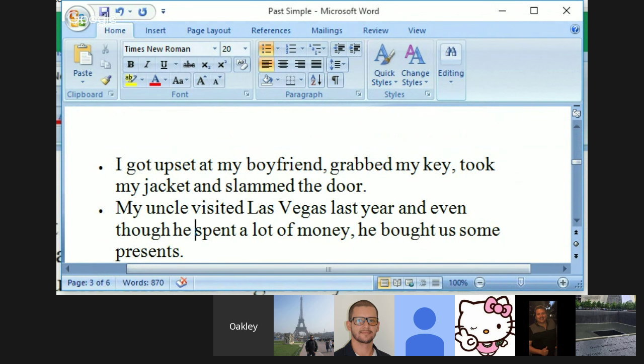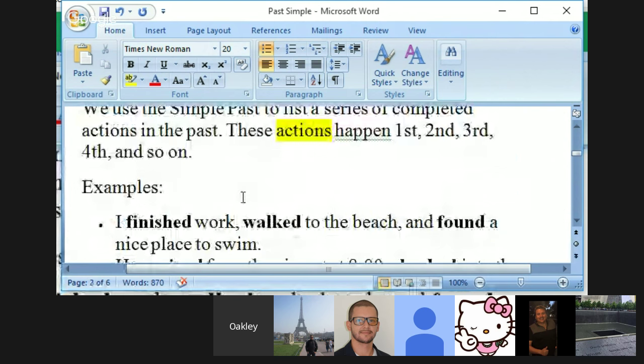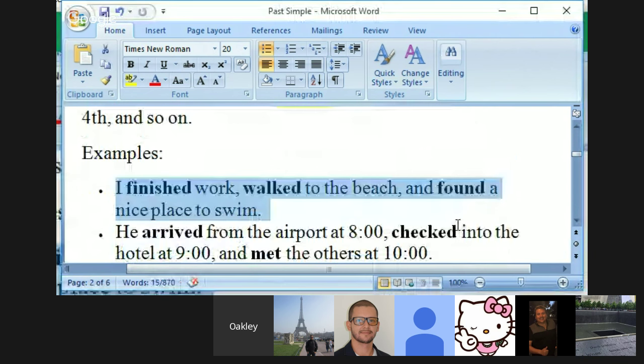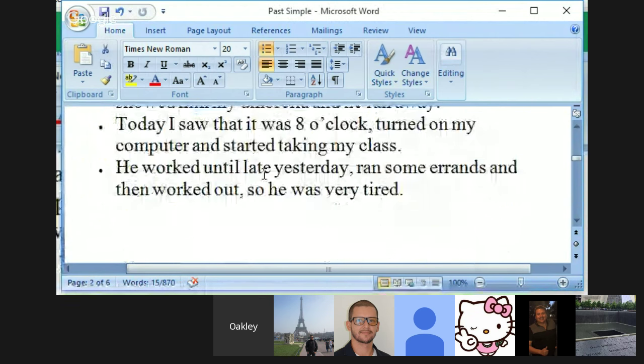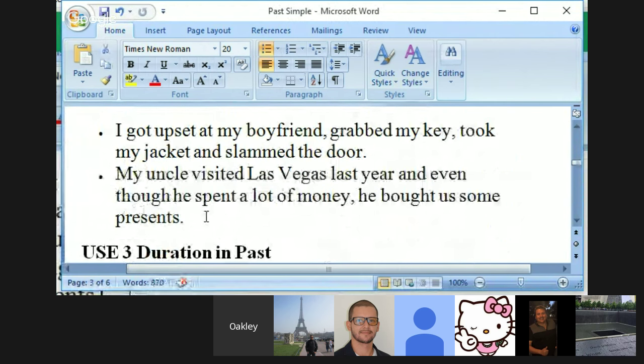Your sentence is not incorrect, but it does not illustrate the idea of a series of actions in the past, like this: I finished work, walked to the beach, and found a nice place to swim. I very clearly know the order here. So it doesn't quite illustrate the usage we're trying to look at. It's a correct sentence, but I don't know what order any of this happened. I don't know if he bought you presents and then spent a lot of money, or spent the money and then bought presents.